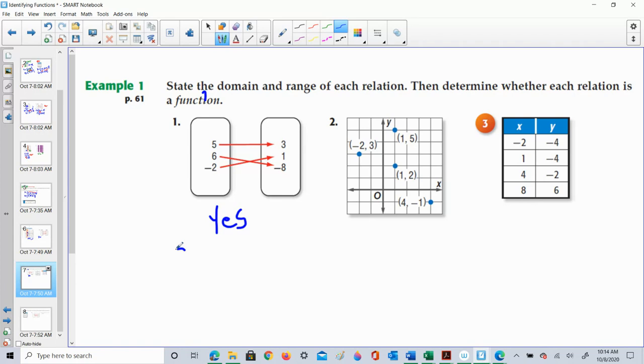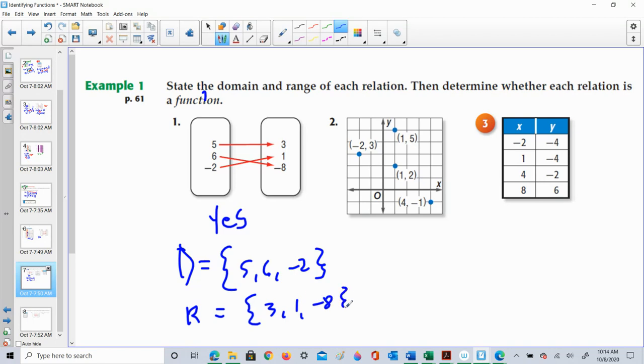If it ever says that, I'd want you to write the domain. The domain is those left values: 5, 6, -2. And our range is equal to 3, 1, -8. And you can see that, yes, this is a function.